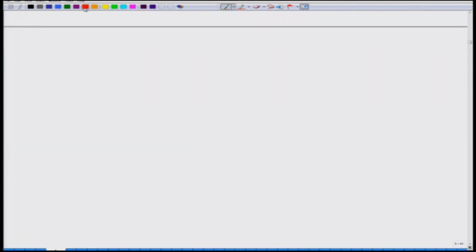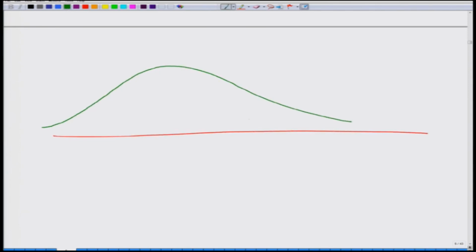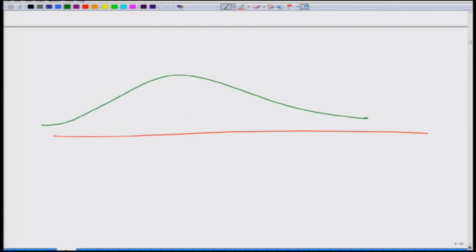Let me just draw it, I think it makes sense to draw it. We have two Gaussians, and the other Gaussian looks something like this; both of them have the same shape.